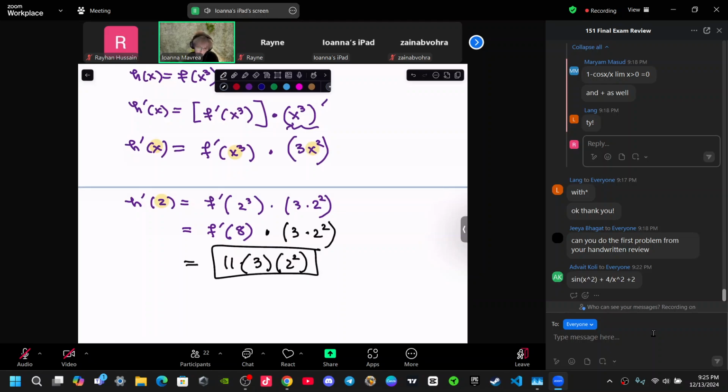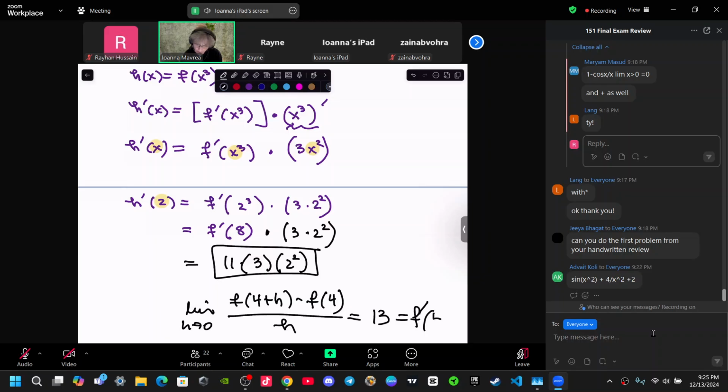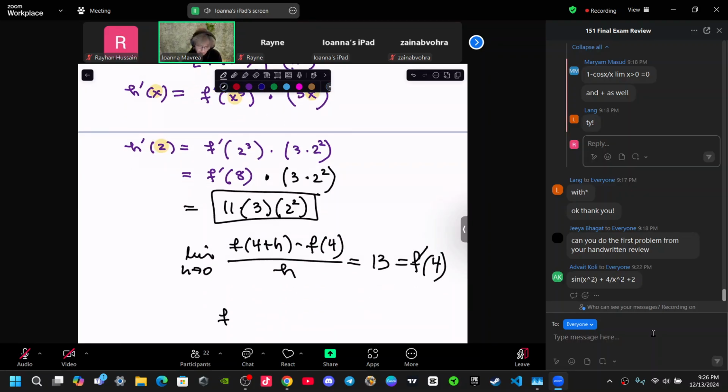So the key thing here is to notice that when somebody gives you a limit that looks like that, let's say f of 4 plus h minus f of 4 over h, and let's say this is 13, they just gave you the derivative at 4. And if somebody says find the derivative of this thing, you need to know it's the same as the derivative of the function with the x replaced by x to the third, times 3x squared.